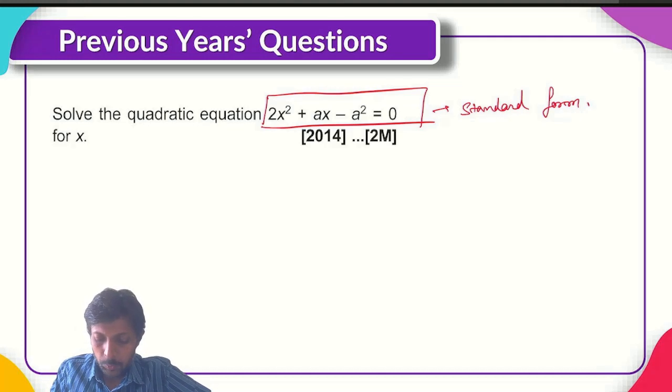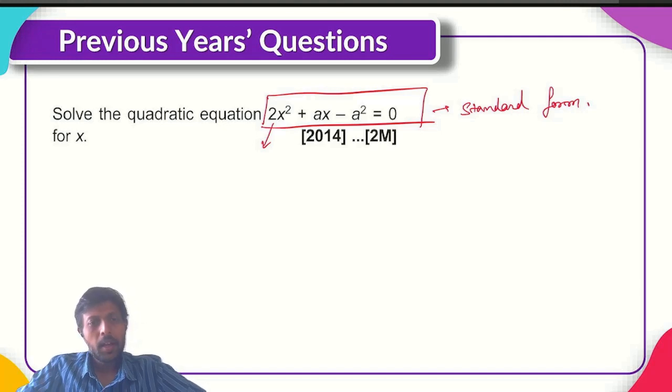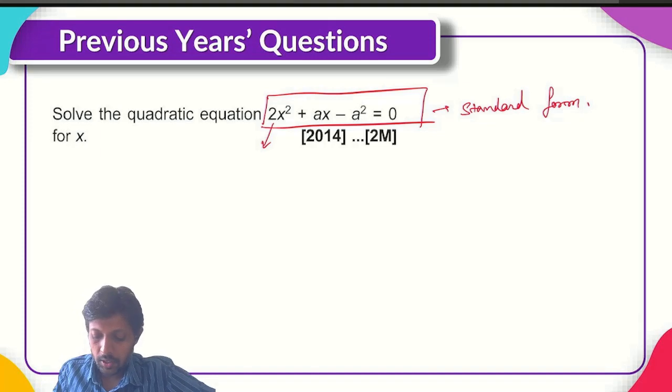And let's figure out the coefficients A, B, and C. Usually we denote the coefficients by the variables A, B, and C. But since a variable A has already been used in the question, we'll use some other things. Okay, instead of A, B, and C, we'll use the coefficients as alpha, beta, and gamma.